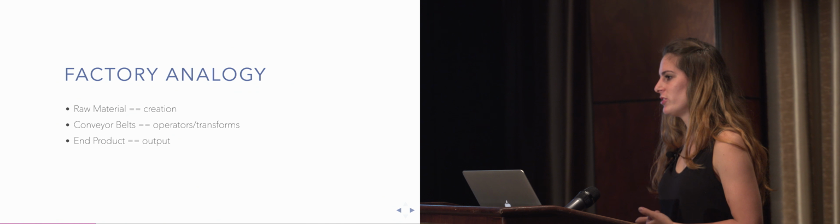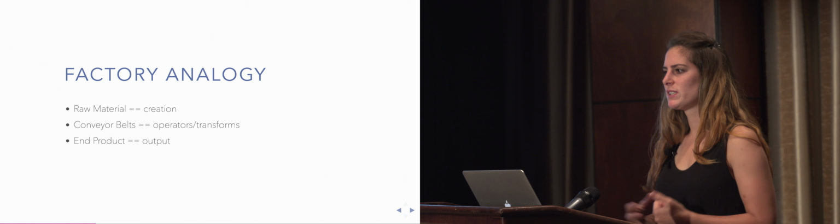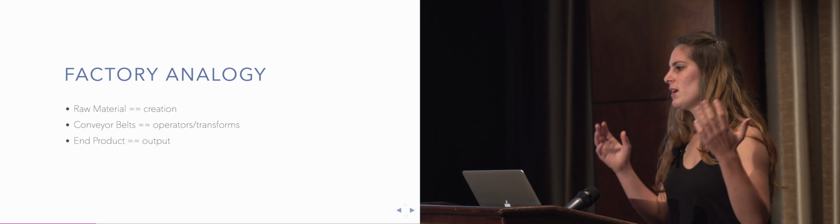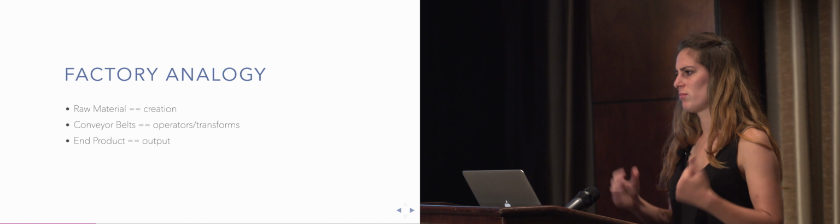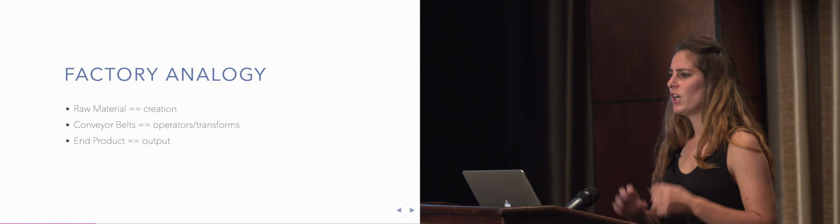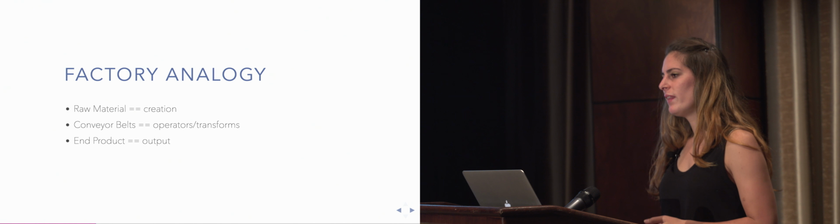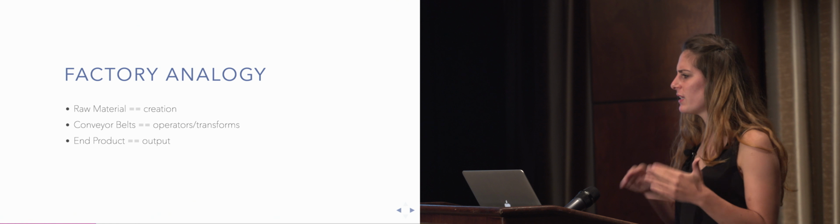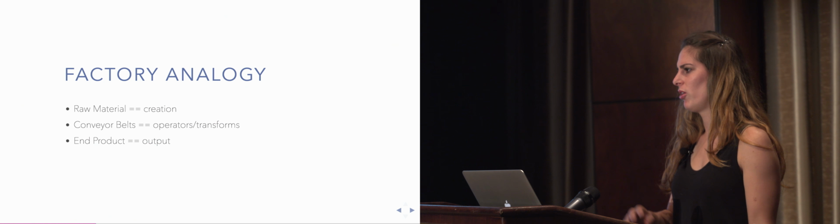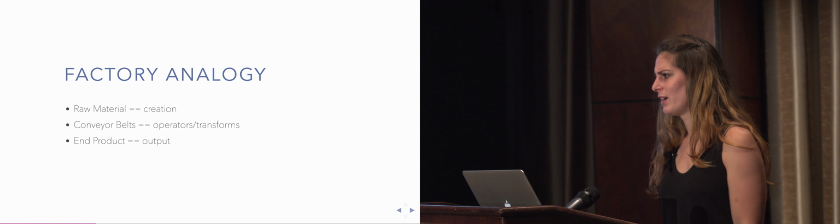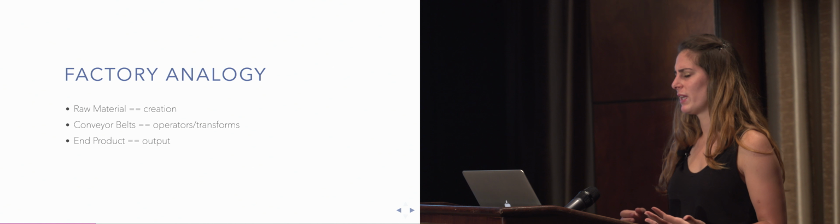So the factory analogy says that you start with some raw material. Maybe you're making cars, so you have steel come into your factory, and this is the raw material. This is our network request. We are starting somewhere. And then once you have that raw material, you send it down a couple of conveyor belts. You might pound it into sheet metal or shape it into the car's body or do something like that.